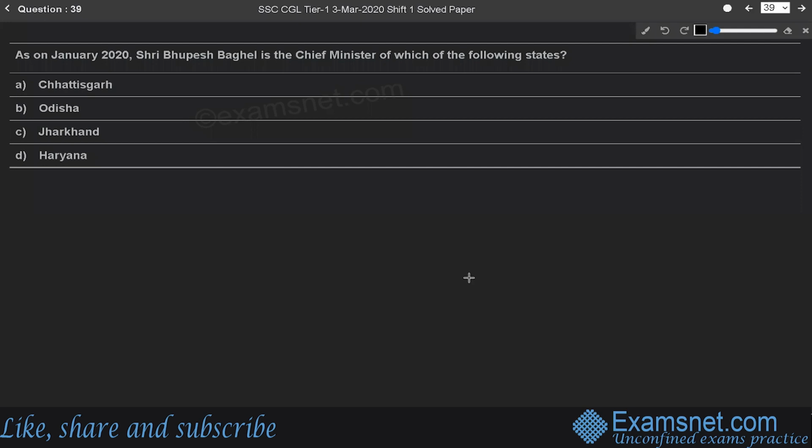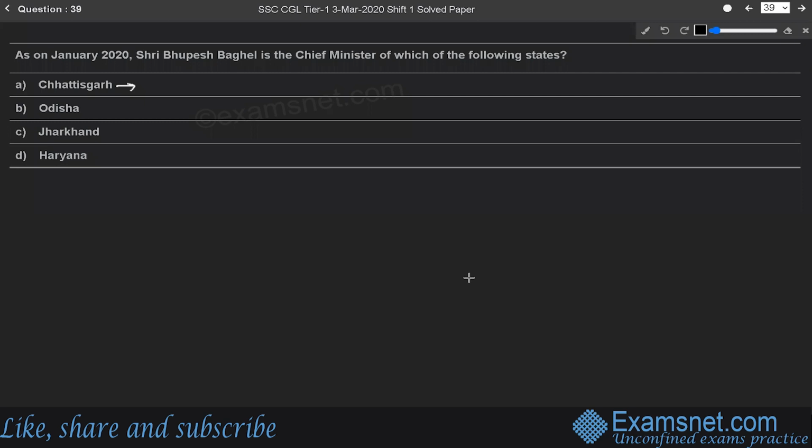Next question is, as on January 2020, Shri Bhupesh Baghel is the Chief Minister of which of the following states? And the options are Chhattisgarh, Odisha, Jharkhand, and Haryana. So, to get the answer for this question, you should know the Chief Ministers and governors of all the given states. So, let us start with the first option. First option is Chhattisgarh.